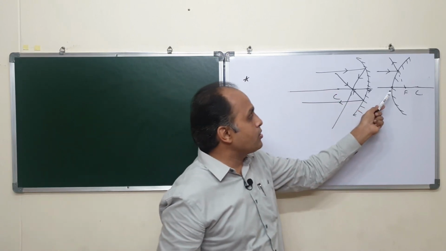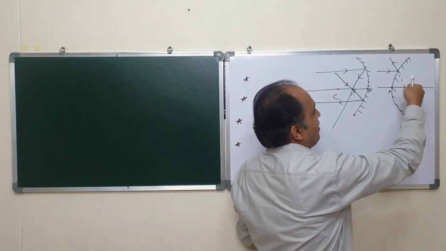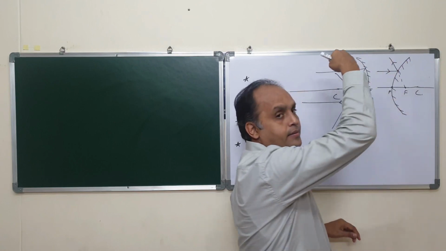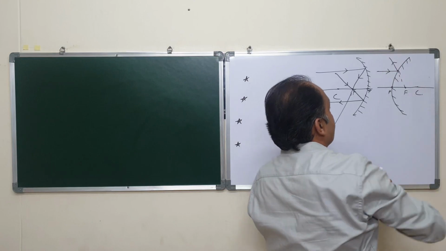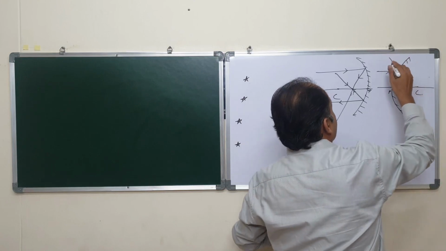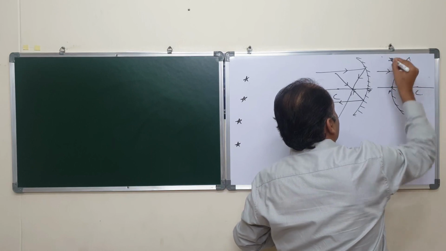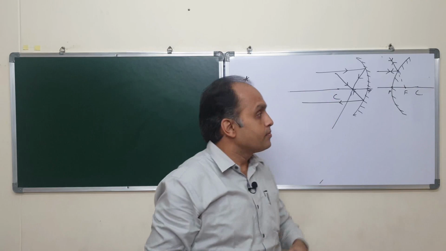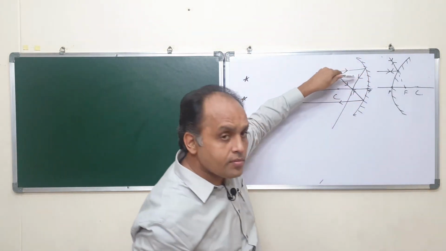Then what about the convex mirror? Same thing. Any ray of light which first appears to come from the focus, after reflection goes parallel. If the ray is appearing to come like this, then after reflection it goes like this.